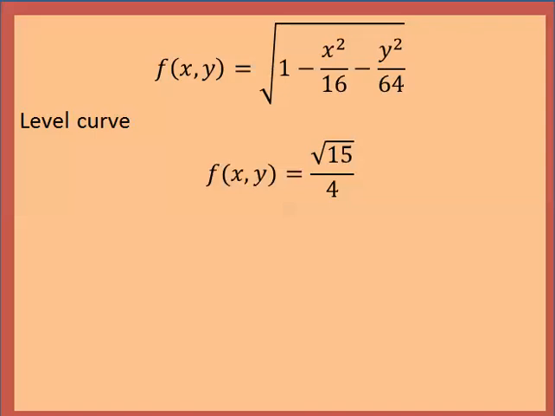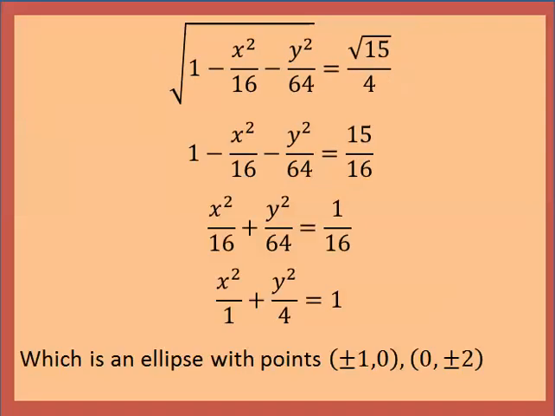So you can see what I'm going to do. I'm going to set these two things equal to each other. You can go ahead and stop the video and do it yourself. Set them equal to each other and see what happens. Well, when the dust settles, I get an ellipse with points on the x-axis plus and minus 1, points on the y-axis plus and minus 2.